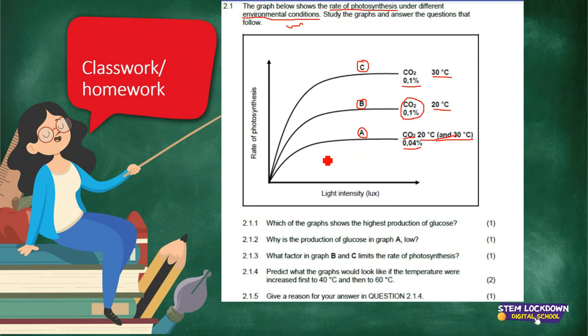So this question might have said, which of the graphs shows the highest production of oxygen instead of glucose. The question is not saying which graph shows the highest rate of photosynthesis, but that is basically the same thing, because a higher rate of photosynthesis means a higher production of glucose and oxygen. So which of the graphs shows the highest production of glucose between graph A, B, and C?